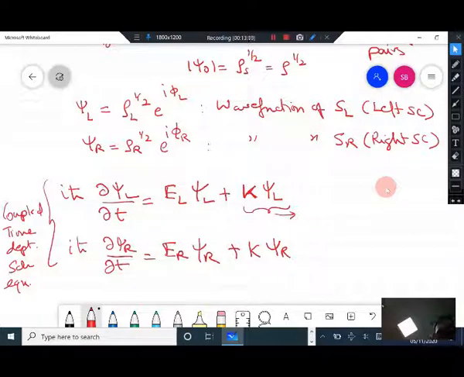I'm sorry, the coupling term has to be K times psi R in the first and K times psi L in the second.